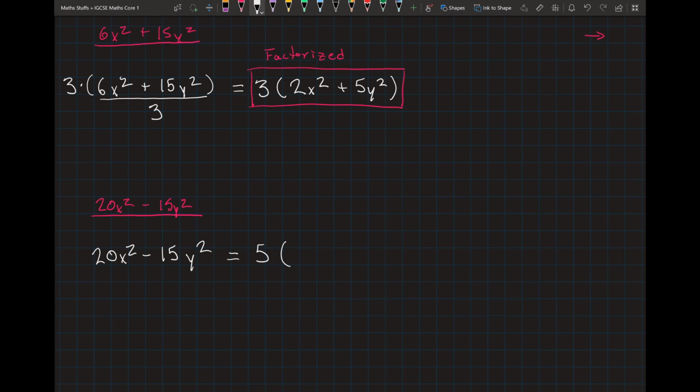So we've got 5, and 20 divided by 5 is 4, so we're going to have 4x squared minus, and then 15 divided by 5 is 3, 3y squared. Then I'm going to look at this again and see, is there anything I can do to fix these? I don't see anything that will get me to a nicer looking expression.